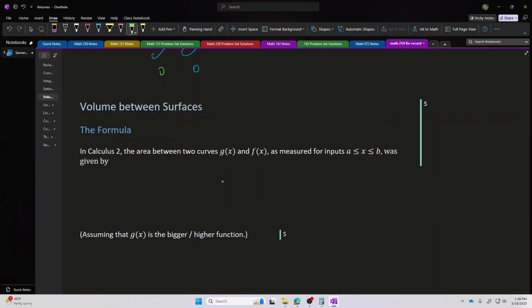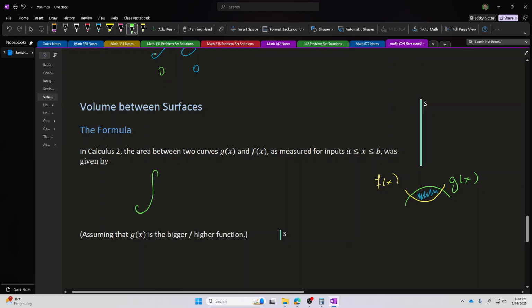When you are trying to find the area between two curves, a top function g of x and a bottom function f of x, you're trying to find the area between them. Then you took an integral of their difference. The highest function, the function on the top of the region, g of x, minus the lowest function, the function on the bottom of the region, f of x.